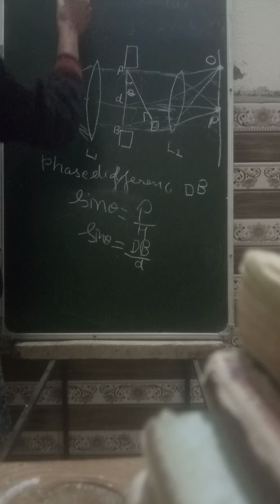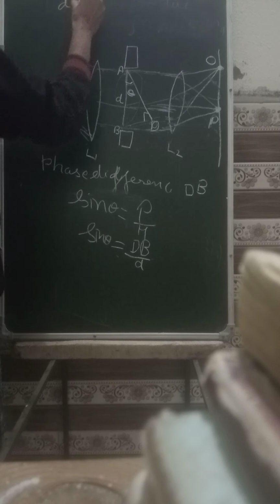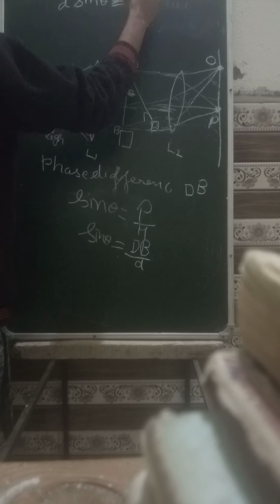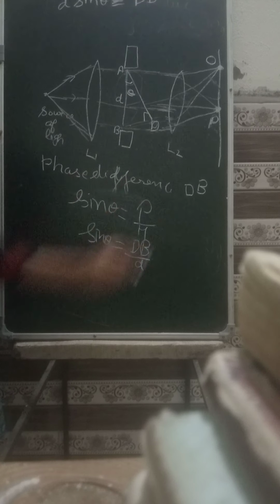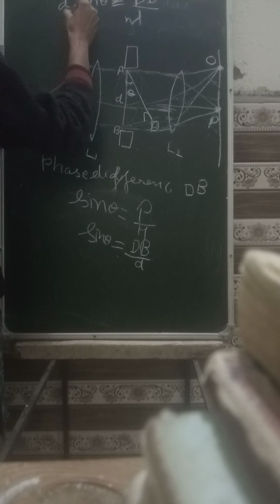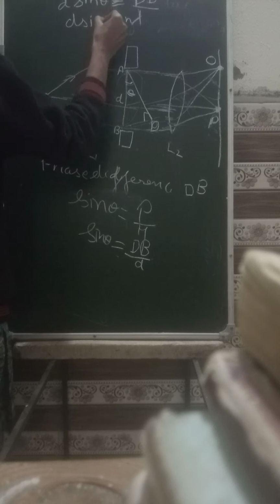Now this d sine theta is simply equal to dB, and dB is the path difference, and we already know the path difference is given by lambda, the wavelength. So d sine theta is equal to lambda.